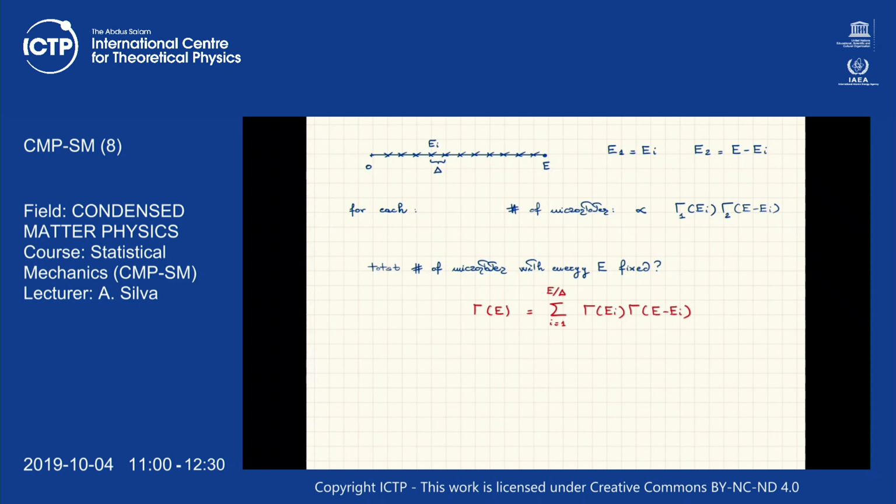So if this is the total number of microstates, then the global total entropy is going to be equal to k Boltzmann times the log of the sum over i from 1 to E over delta of gamma of E_i times gamma of E minus E_i. Okay?